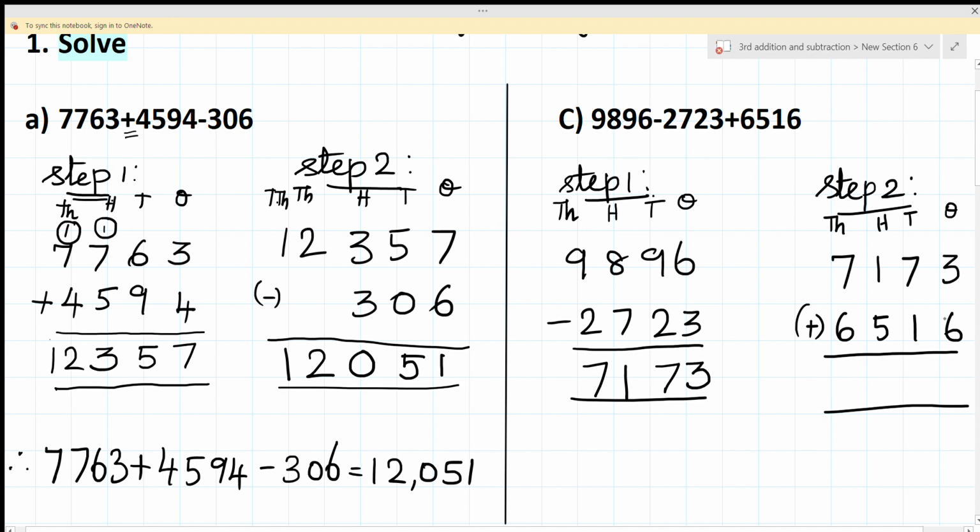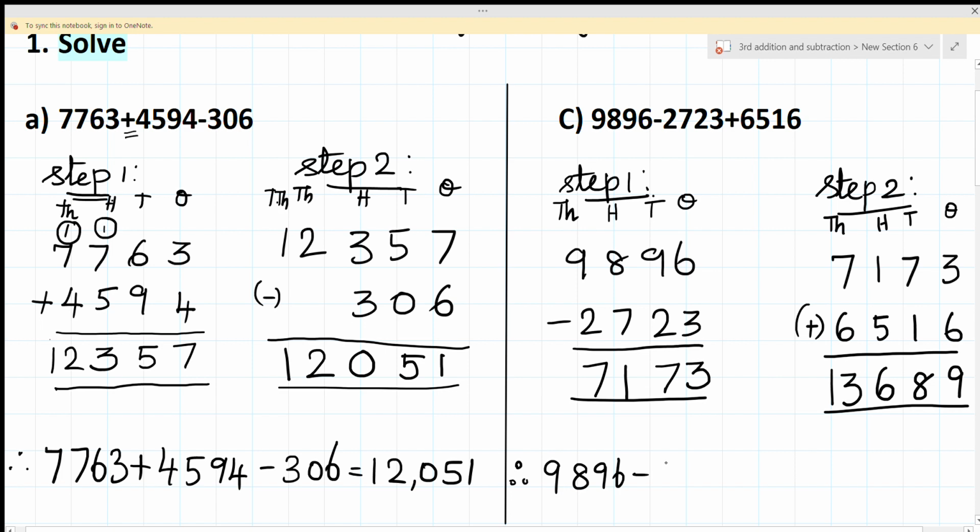Add the ones place, 3 plus 6, 9, 7 plus 1, 8, 1 plus 5, 6, 7 plus 6, it is 13. So if you add the difference of first two numbers and the third number, you will get 13,689.